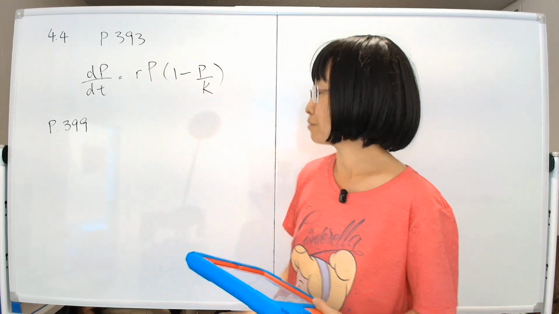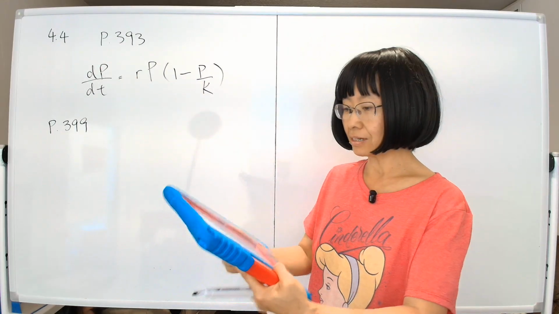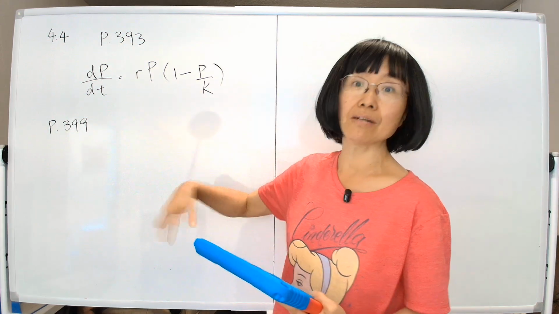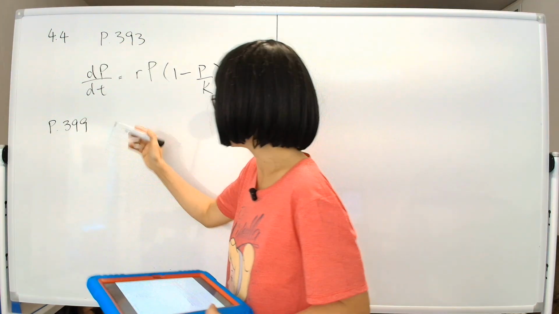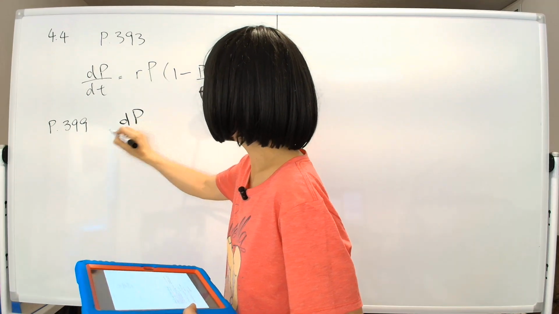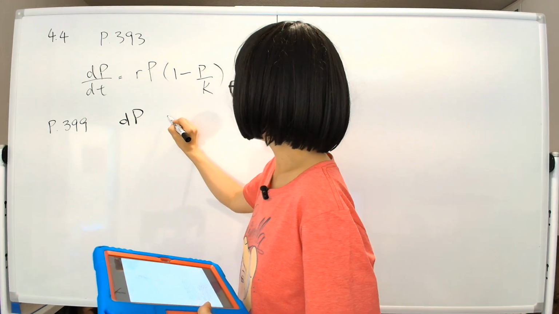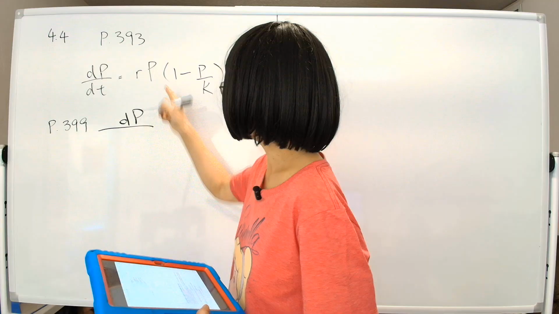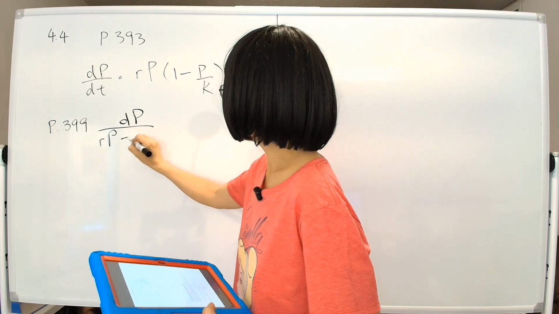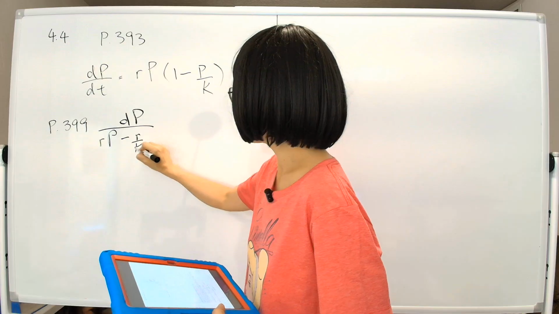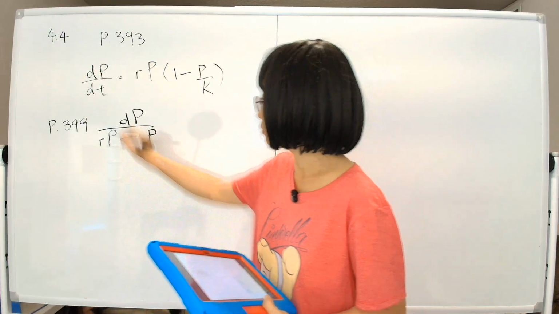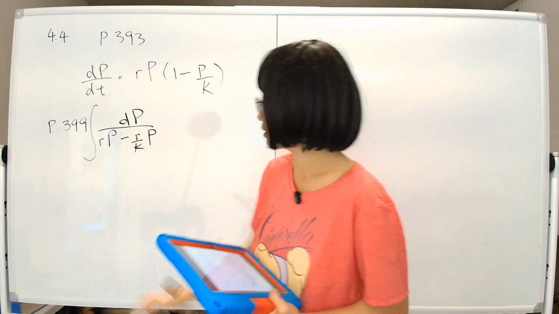So there's nothing much to separate: we put dP on this side, and everything else, rP minus r over K P squared, down here. Then we integrate this.